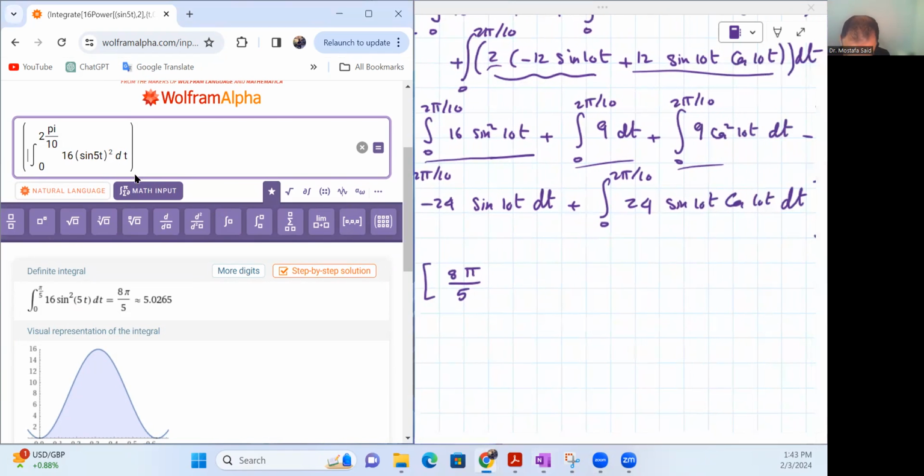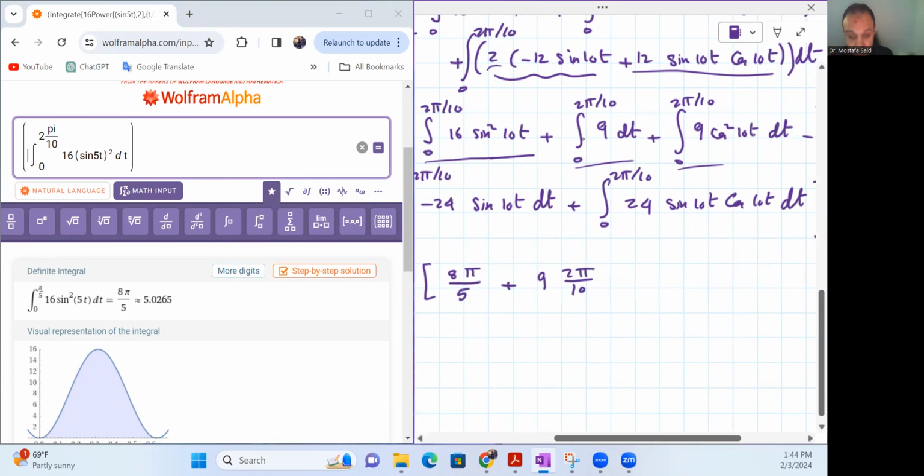The second one is very easy. It's 9 times the integral of dt, which gives t with the limits of the integral, so 2 pi over 10. By the way, 2 pi over 10 is pi over 5.